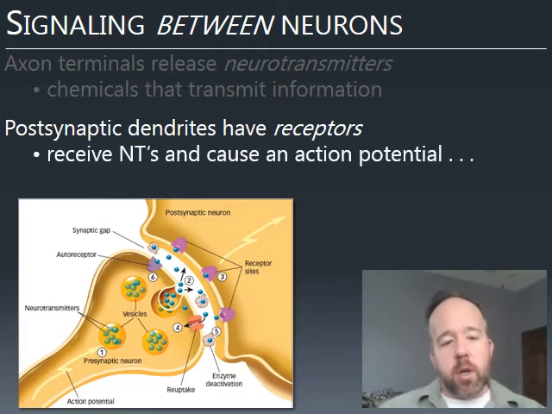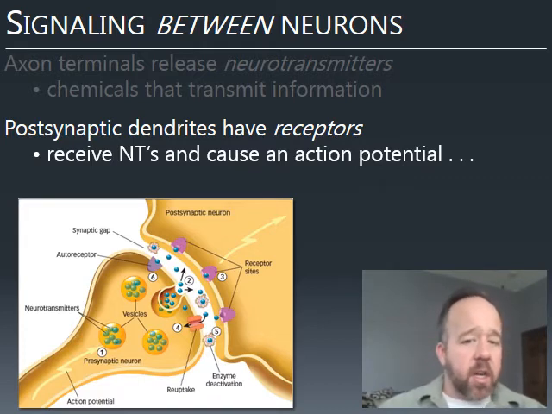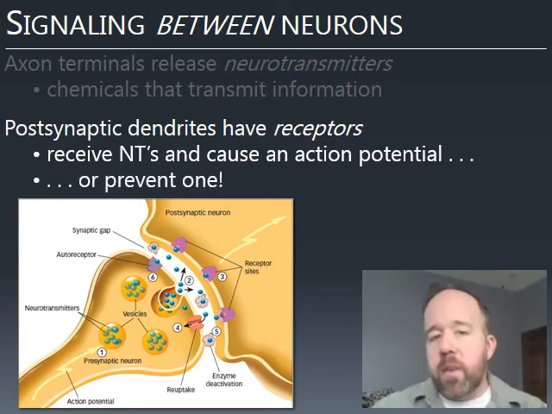So receptors are molecules that are embedded in that postsynaptic membrane, and they receive neurotransmitters, which I've abbreviated here NT. They have the capacity, if enough of them are released, to cause an action potential or to prevent one.